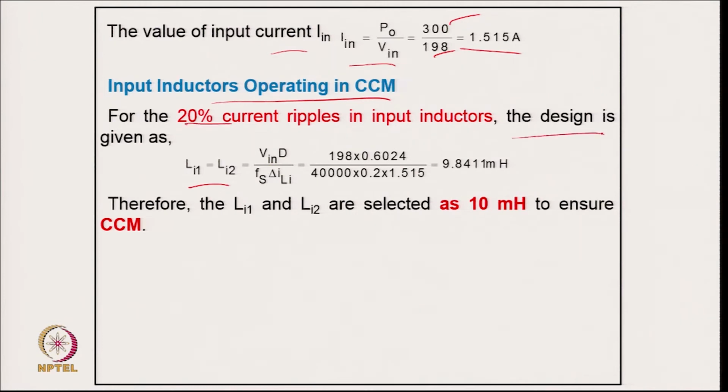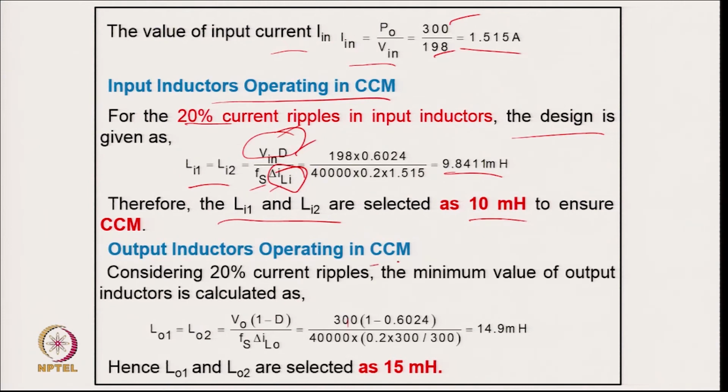So, considering 20% current ripple of these inductors and putting in the values for 20% current ripple for the on period, this is the voltage applied, D corresponds to the duty cycle, and F is the switching frequency. We get the value 9.841 millihenry. Therefore, these two input inductors are selected as 10 millihenry to make sure that the inductors are always operating in continuous conduction mode.